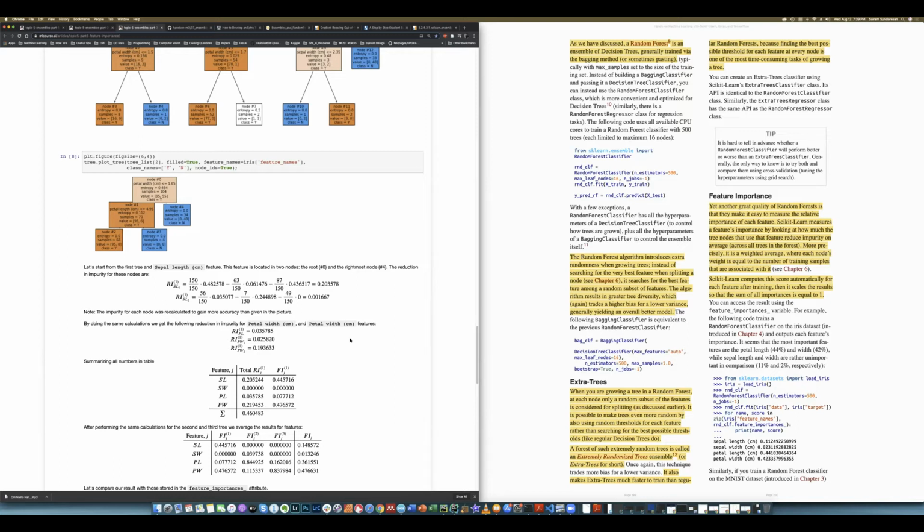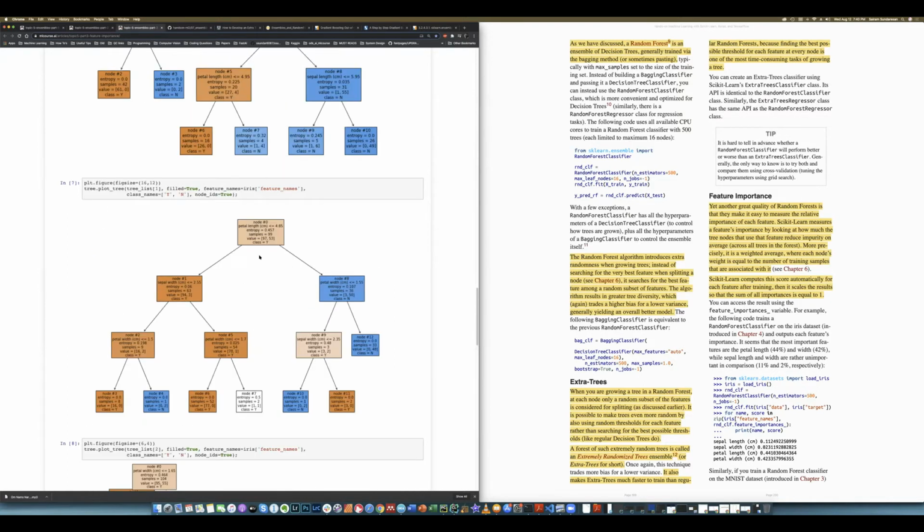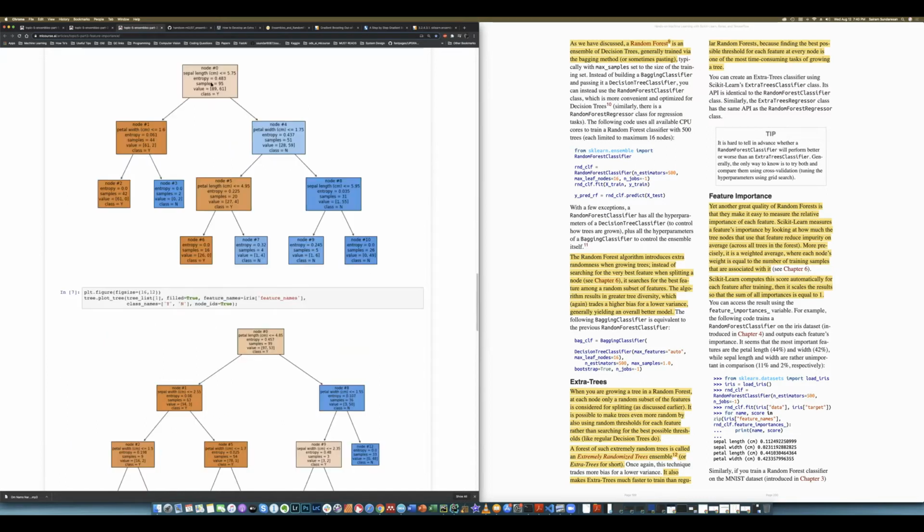If I'm splitting into two nodes, let's actually look at this. I have 150 samples here at the start, and 89 plus 61 seems about right.